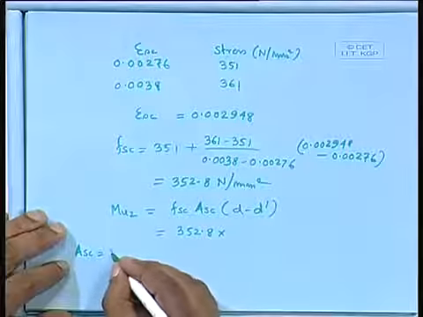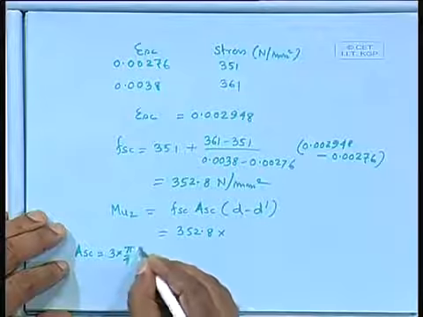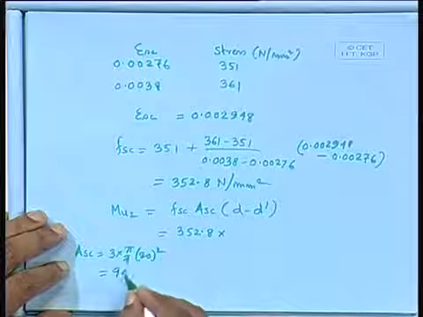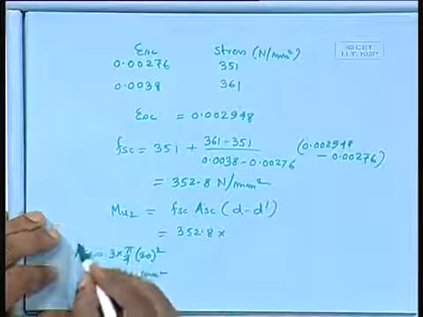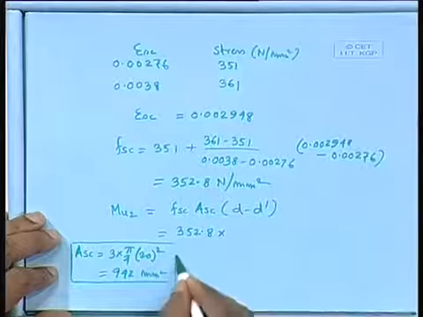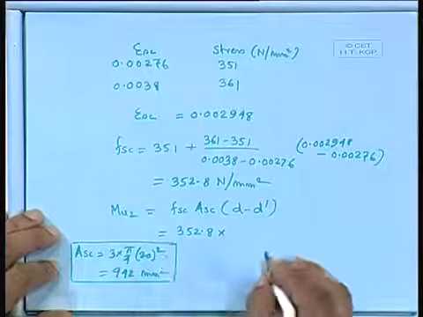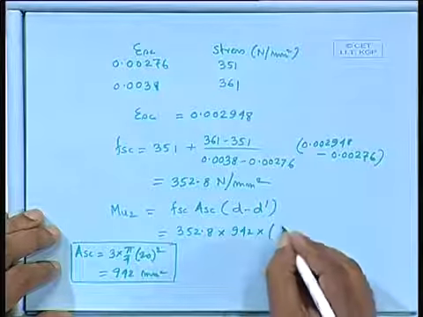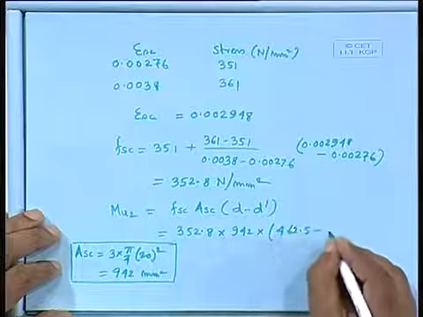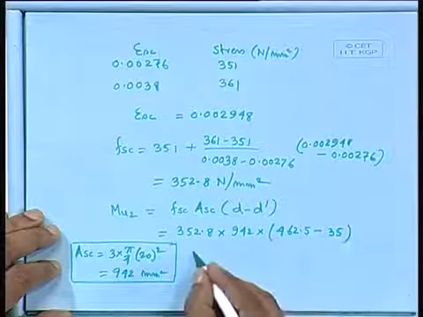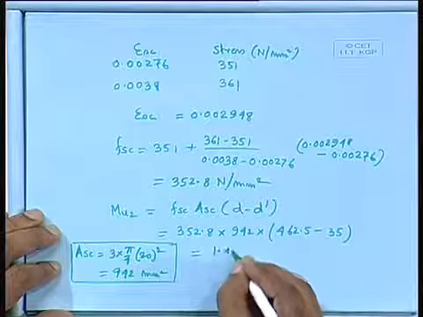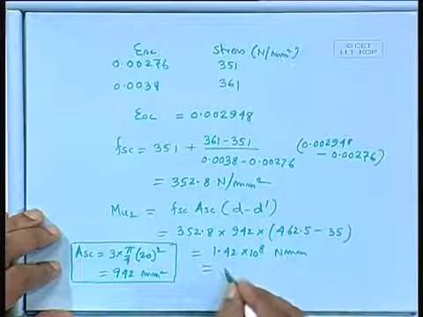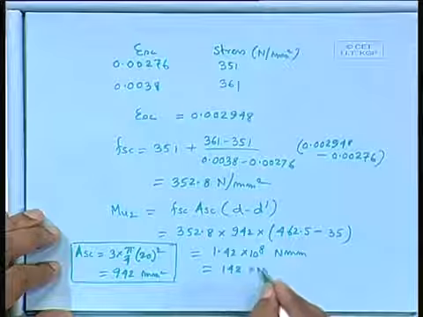Asc equal to 3 times pi by 4 20 square, which comes as 942 square millimeter. Okay, this is the area of steel in the compressive, 3 bars of 20 diameter provided, into 942 into 462.5 minus 35 equal to 1.42 into 10 to the power 8 Newton millimeter equals 142 kilonewton meter.